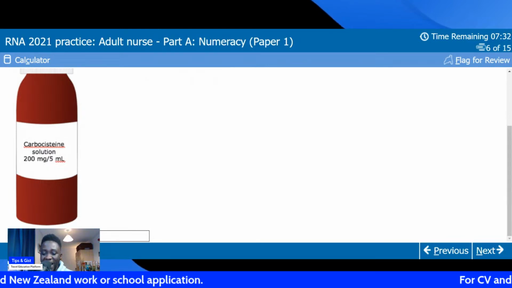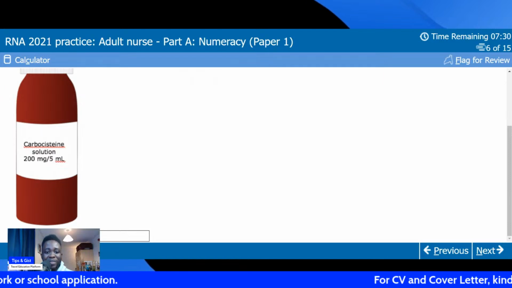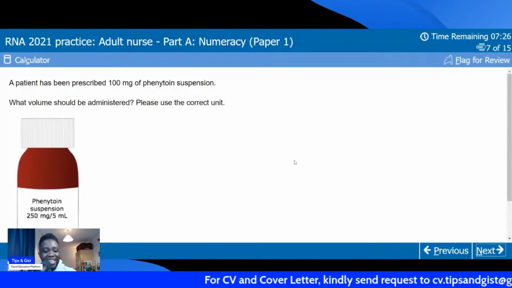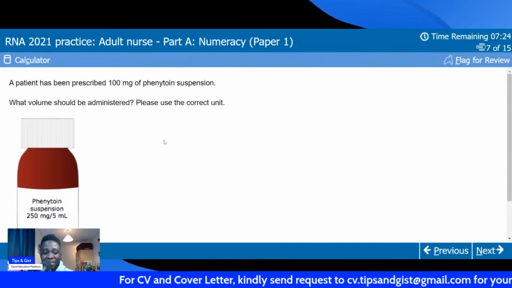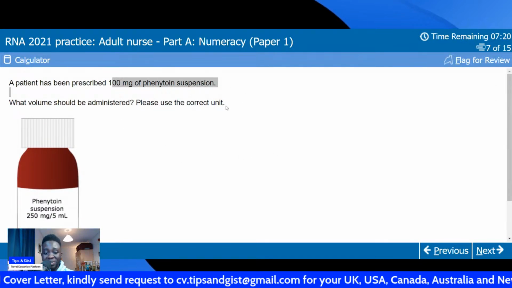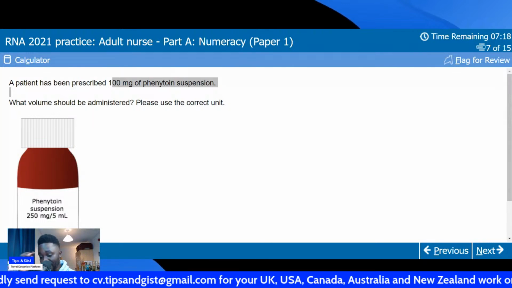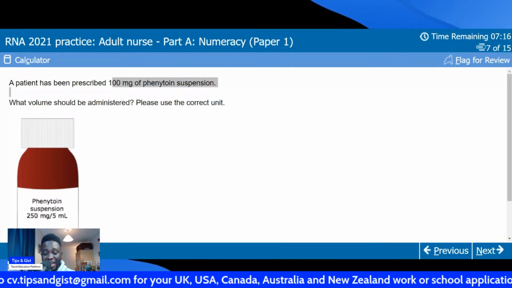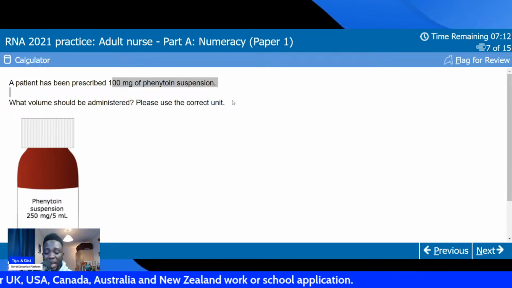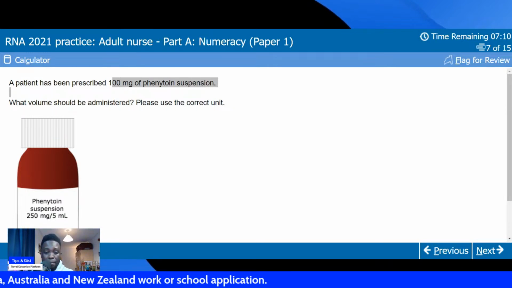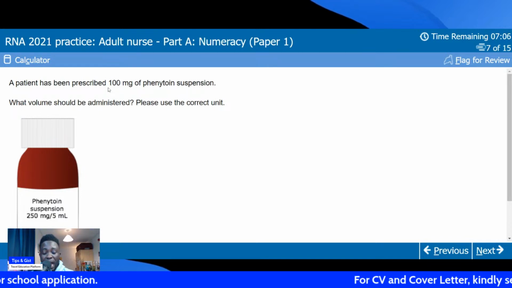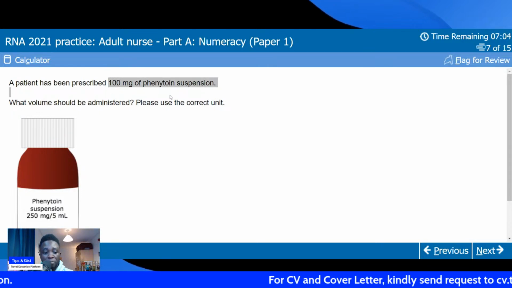All right, so I hope you guys are okay now. Let us continue. Next: a patient has been prescribed 100 milligram of phenytoin suspension. Phenytoin is given just like diazepam, for convulsions and other medical interventions.